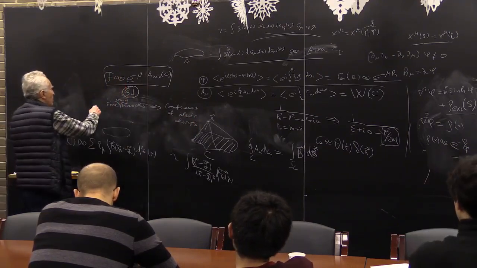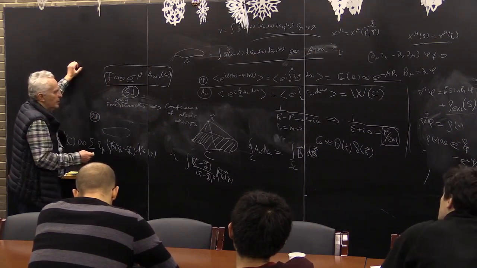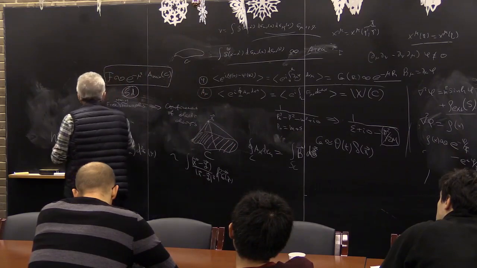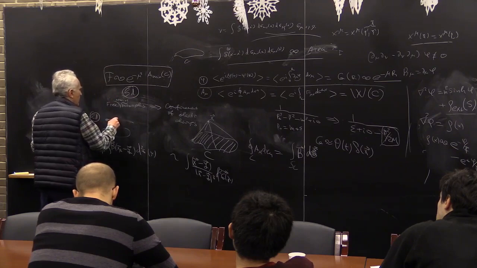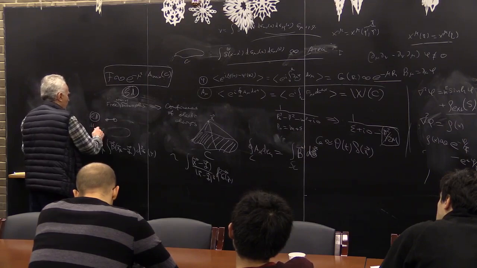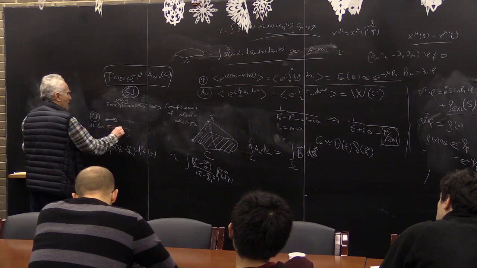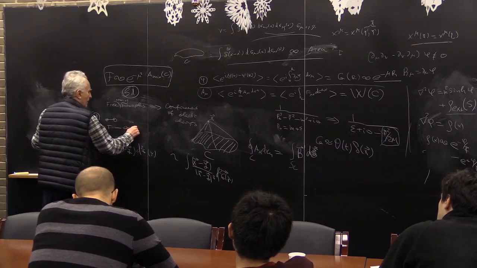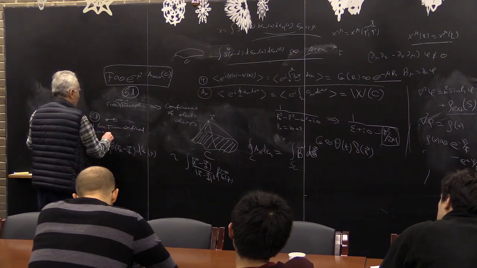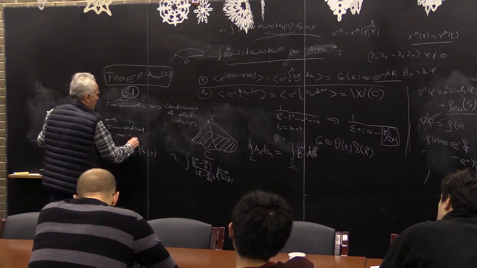In superfluid in 2D, that's different, because in 2D, at very low temperature, vortices are actually confined. Confined vortices, that means superfluid.